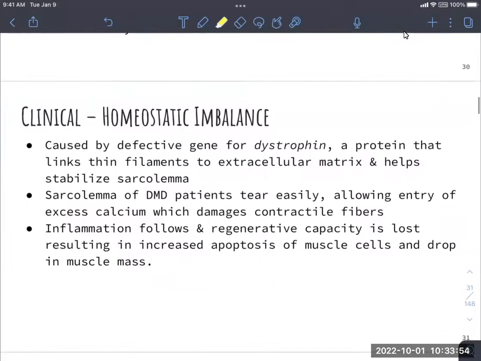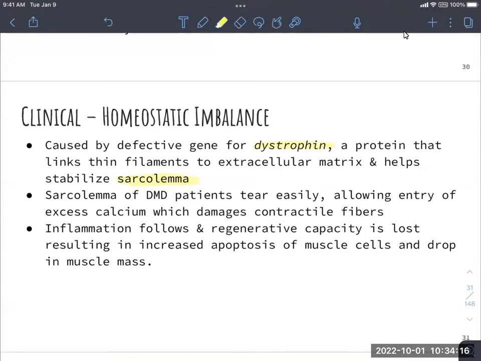So what happens in Duchenne's muscular dystrophy? They have a defective gene for dystrophin, and that's what helps stabilize that sarcolemma. So because of this, those sarcolemmas tear very easily.